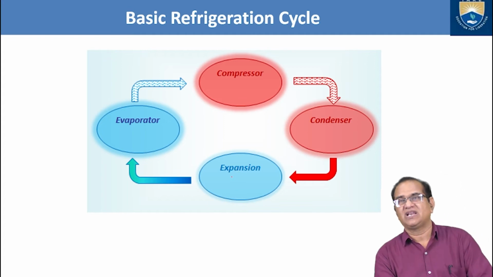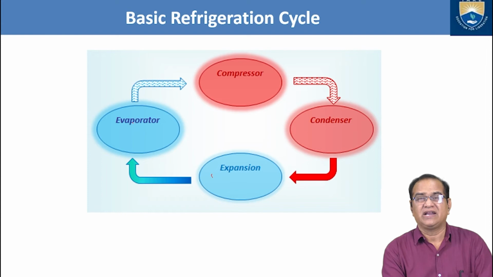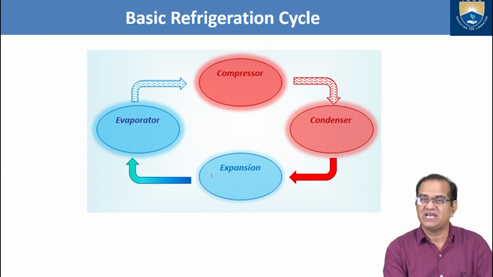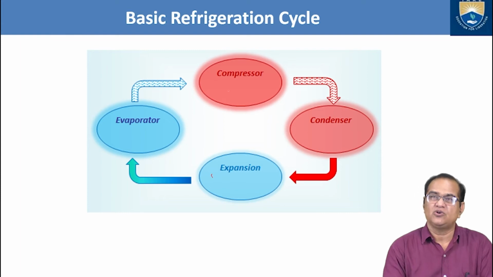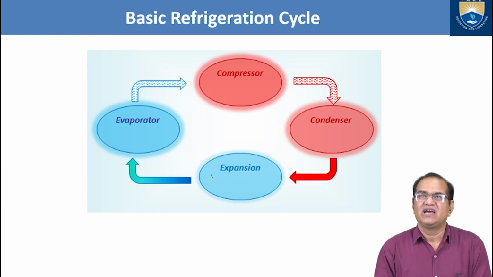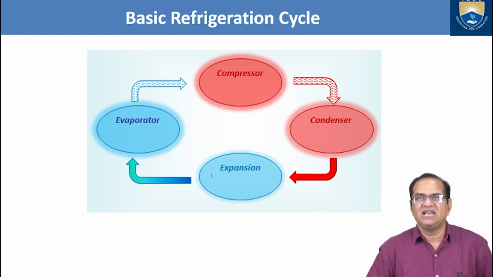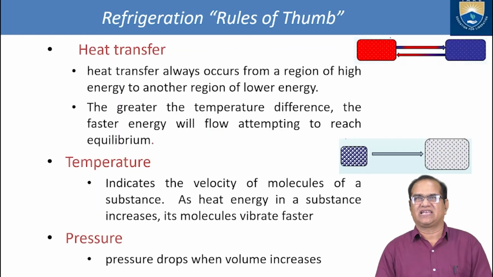Here the gases will expand, and this expanded gas will enter the evaporator, where the cooling effect will take place due to the evaporation, and then again it will circulate. So these four components are very much essential for any basic refrigeration cycle: the compressor, condenser, expansion device, and evaporator.